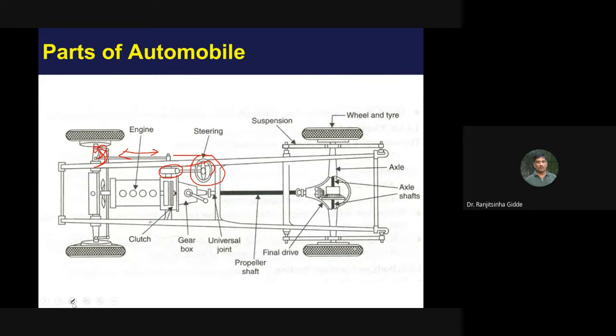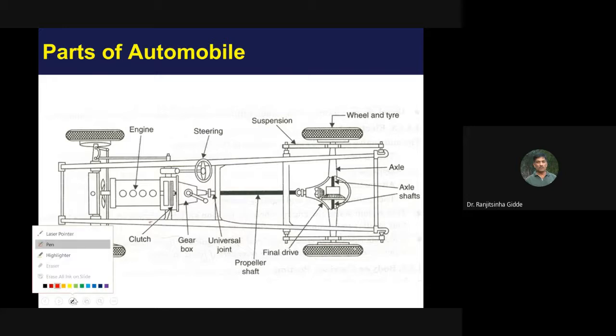So this is about wheels and axle at the front. Then whatever names are given, we are going to discuss in detail.